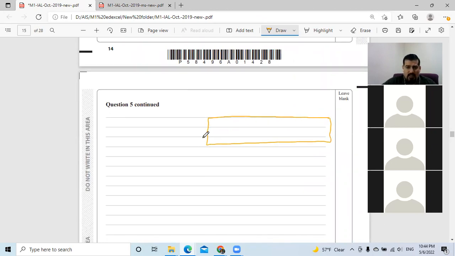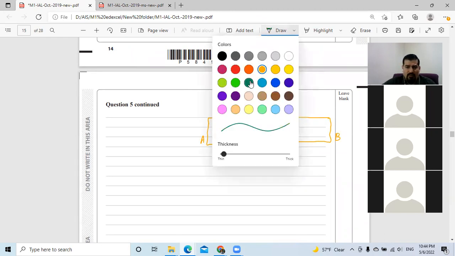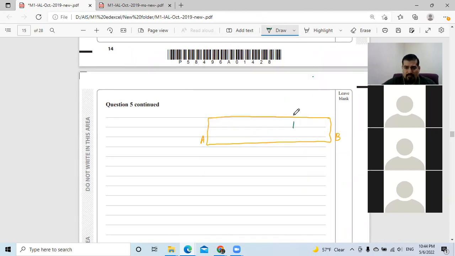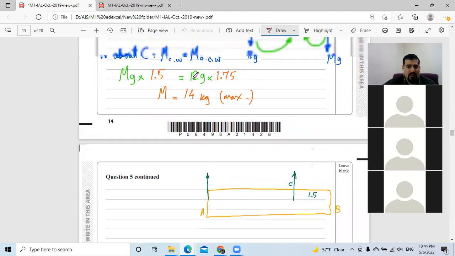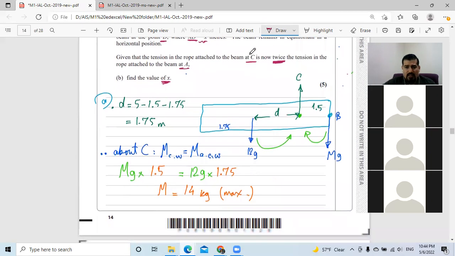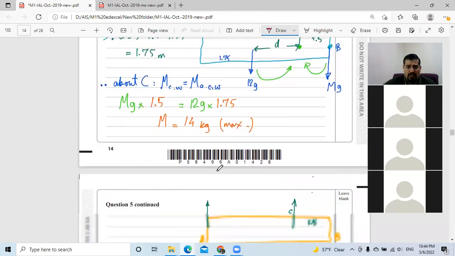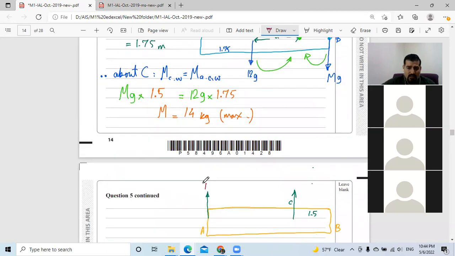This is the beam. This is A. This is B. Now what do we have? We have tension at C, which is 1.5 away, and tension at A. And they say here that the tension at C is twice the tension at A. So if this is T, this is 2T, twice the tension.